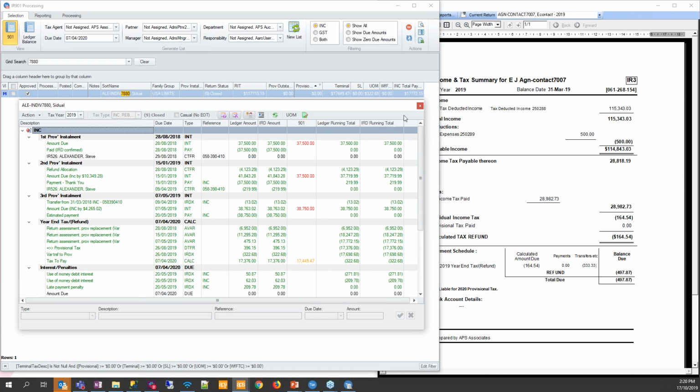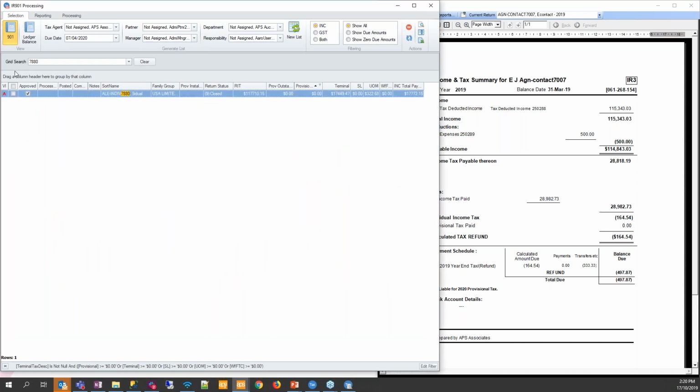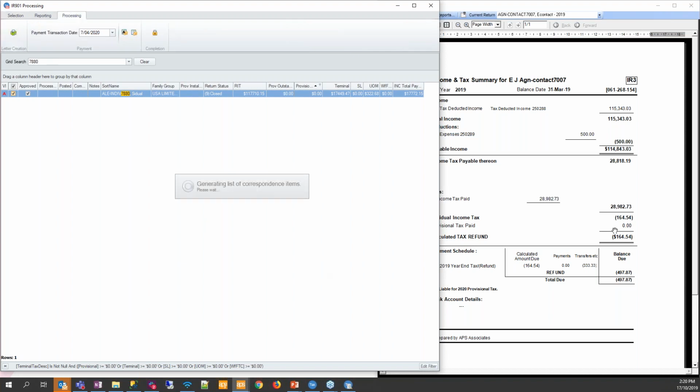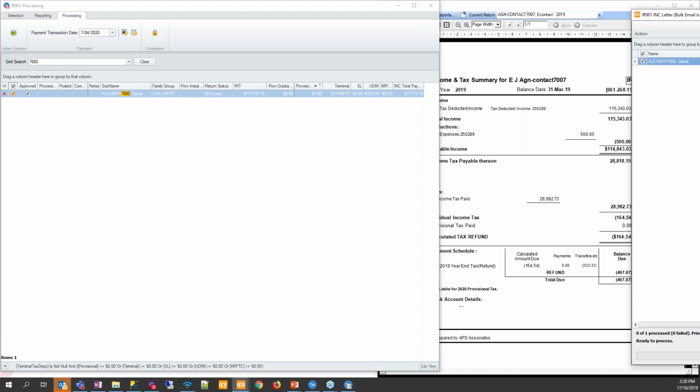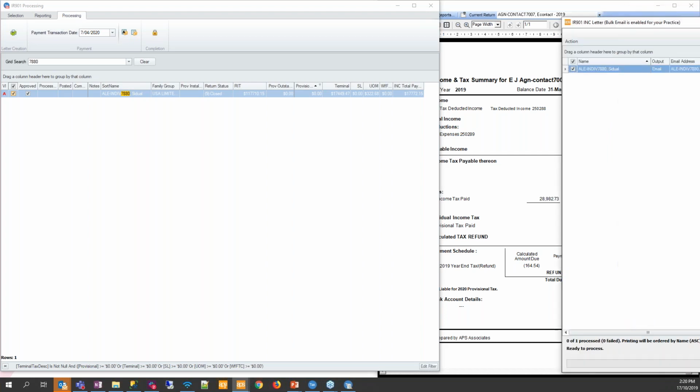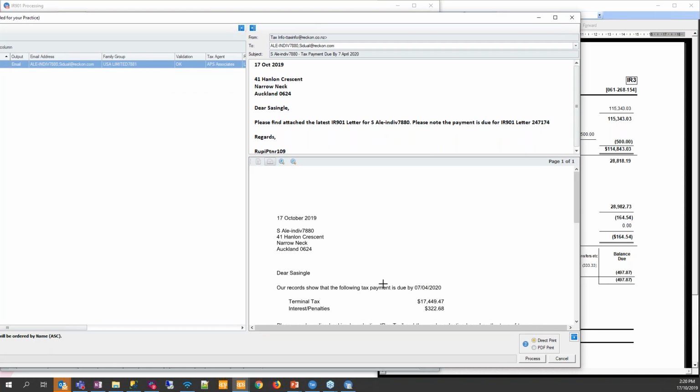So anyway, let's just quickly look at that just to demonstrate it rather than just talking about it. So if we select that and go into the letter creation, and just pull that through, you'll see here we get just a terminal tax row.